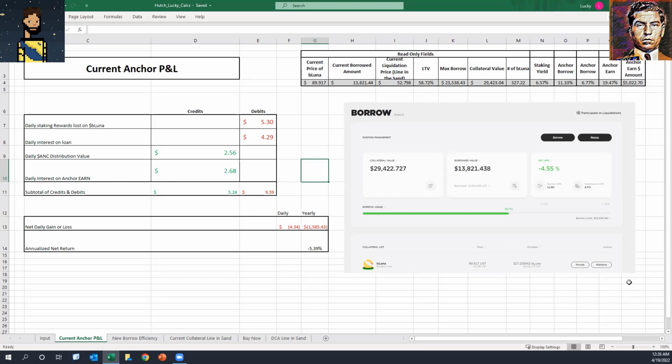Or the other thing they could do is they could post extra bLUNA as collateral, excuse me, they can take some of that bLUNA and they can borrow extra against it to ride at somewhere between a 70 and 80% LTV. Now, that does sometimes come with sleepless nights.